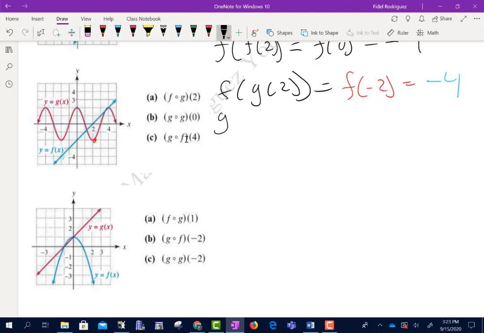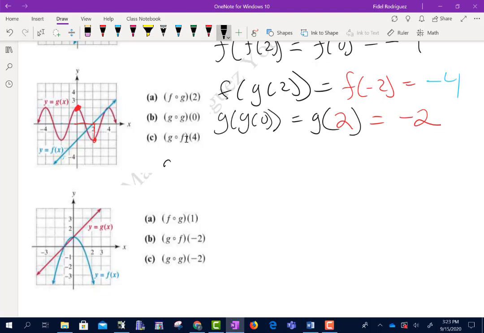And then part B, we have g of g of 0. Remember, g is the red function. At 0, the y value happens to be 2. And then if I go to 2, the y value there happens to be negative 2. Okay.